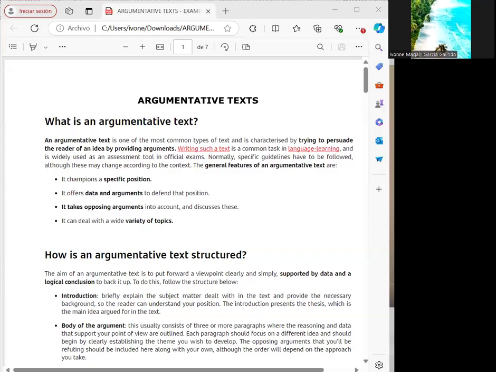In an argumentative test, you are trying to persuade the reader, the public, of an idea you have, and you provide arguments for that.